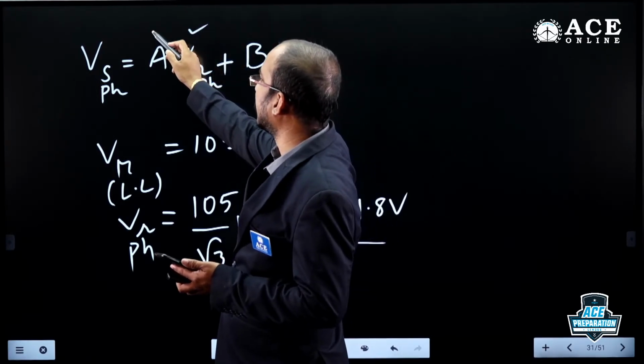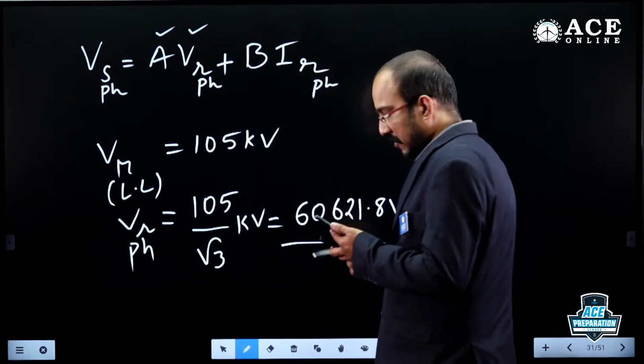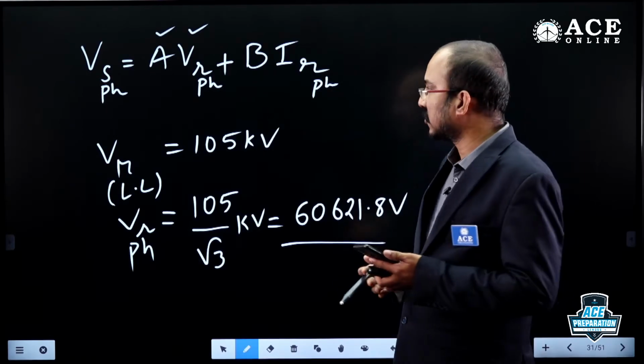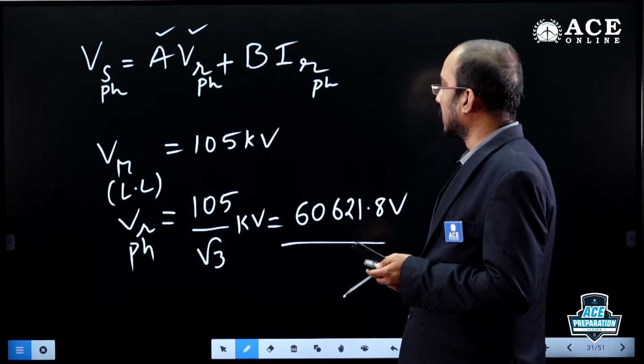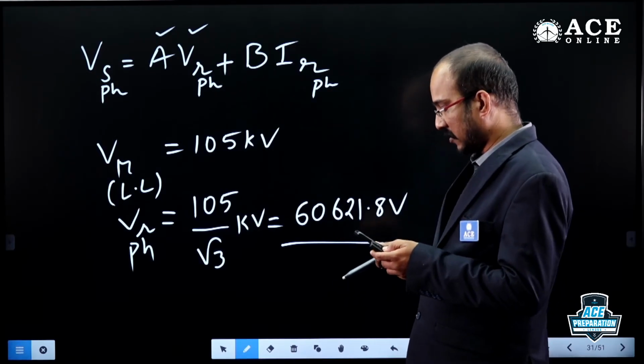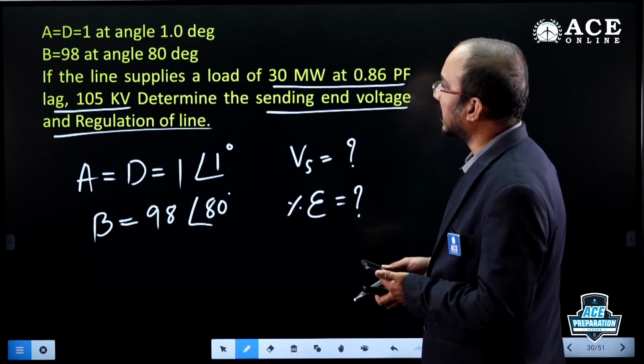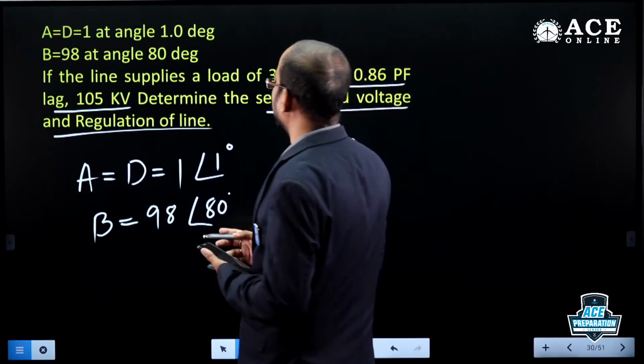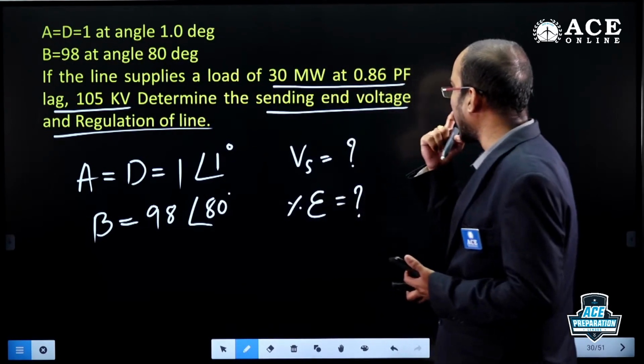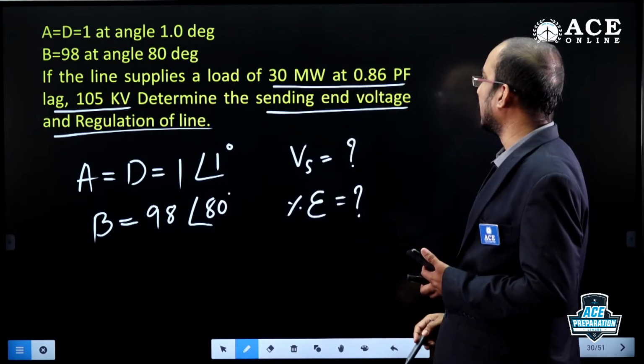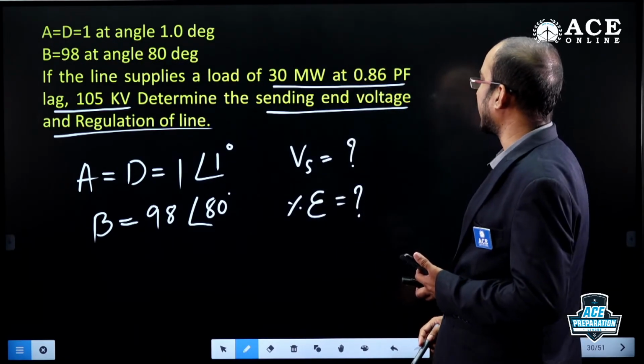This value you have calculated. The A value is already given, and the B value is also given, but the IR value, the receiving end current, is not given. Load is given as 30 megawatt, with 0.86 power factor lag.